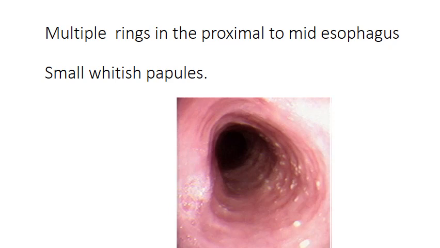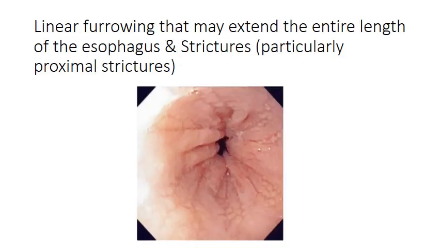A variety of morphologic features in the esophagus have been described, among which multiple rings in the proximal to mid-esophagus giving the appearance of a trachea, and small whitish papules visible in this picture represent eosinophilic abscess on histology. A linear furrowing that may extend the entire length of the esophagus and strictures, particularly proximal strictures, are also seen.